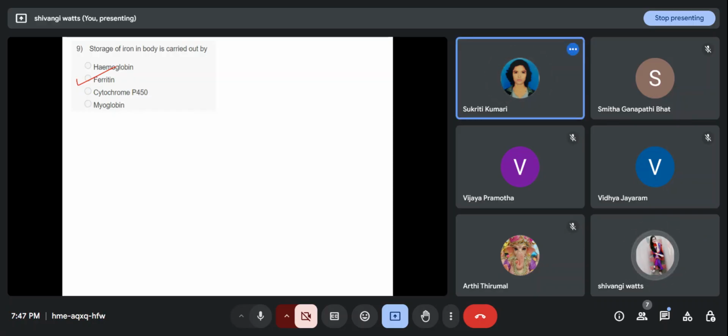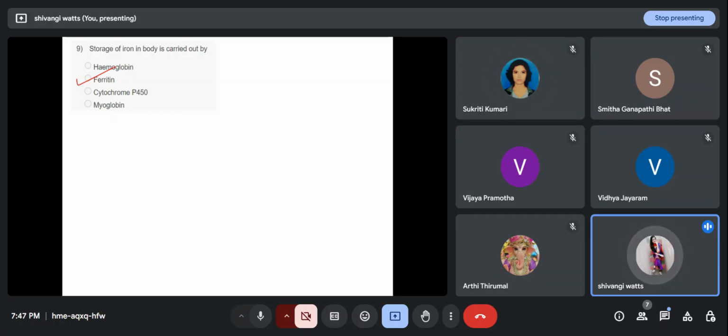So these three questions keep in mind. Storage of iron is ferritin, transportation of iron is transferrin, and transportation of oxygen in body is carried by hemoglobin. So these three questions you keep in mind.